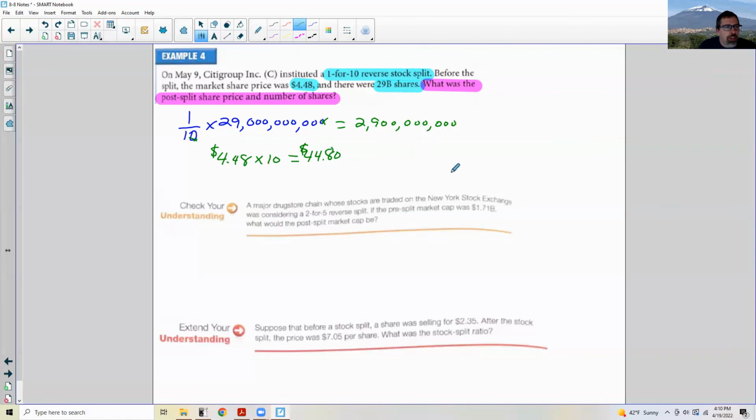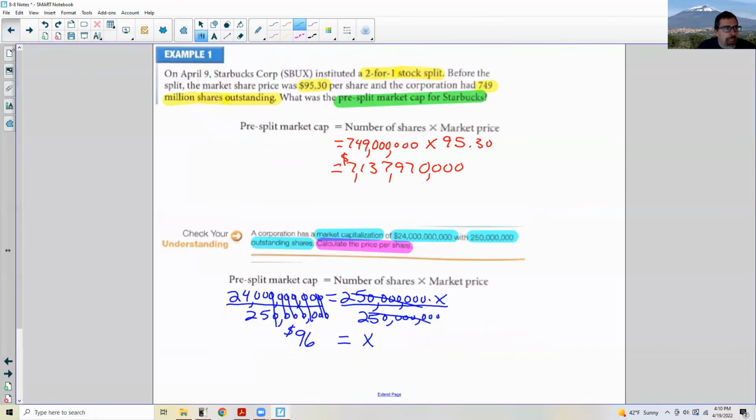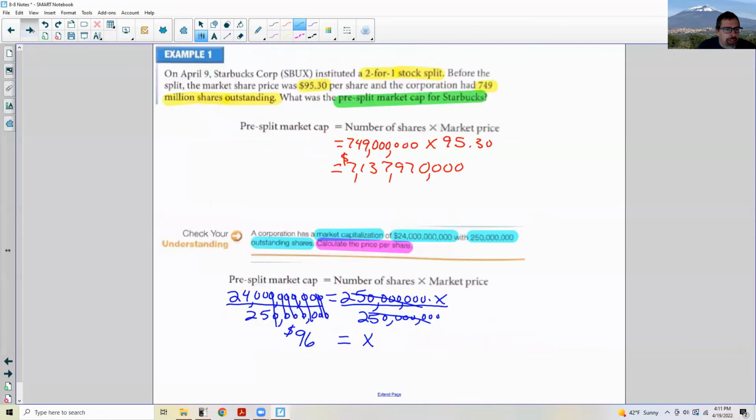Now, before I go to check your understanding, I didn't finish example 3. I got looking at that, and it said, did the market cap change after the split? I never answered this question because hopefully from the definitions and what I focused on at the beginning, the first page, market caps remain unchanged on all stock splits. Okay. Market cap remains unchanged.